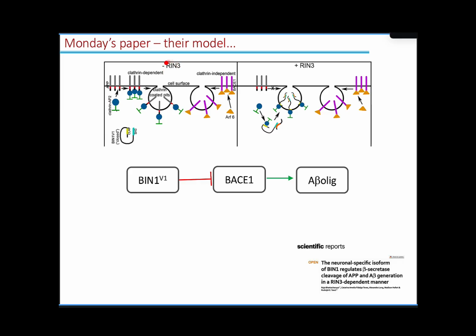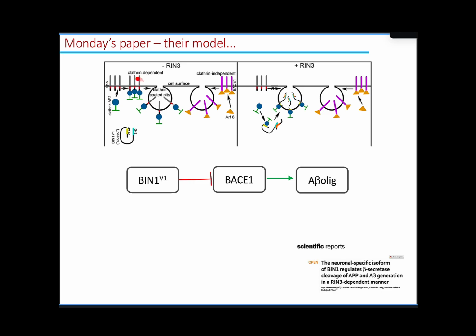when cells do not have this other molecule, RIN3, BIN1 V1 exists in a closed conformation in which its SH3 domain is interacting with another one of its domains called CLAP, and because CLAP is needed for interaction with other things that would bring BIN1 to endosomes, the closed BIN1 stays out of endosomes.